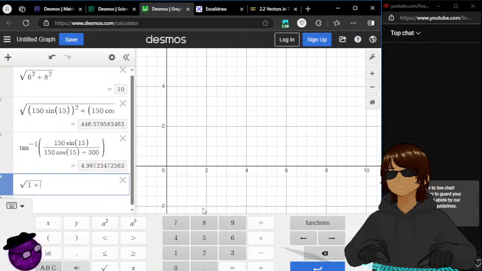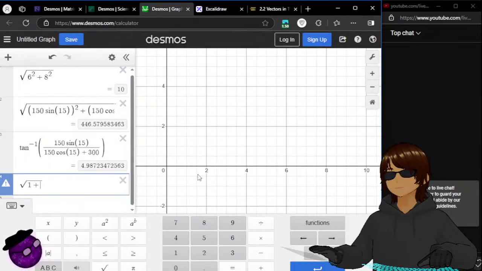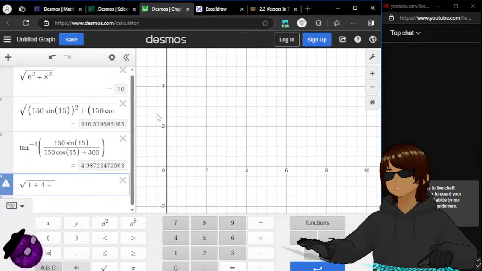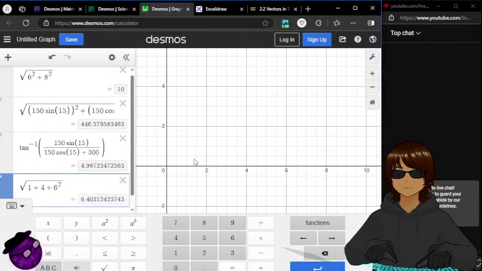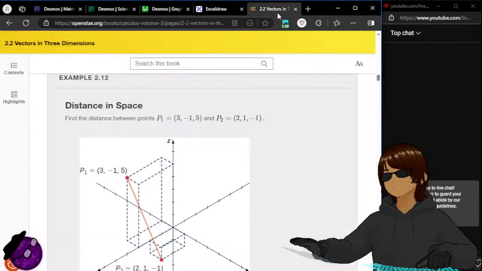And then minus 1 minus 1 is minus 2. Minus 2 squared is 4. And then 5 minus minus 1 is 6. Then we have 6 squared. And we get 6.403.